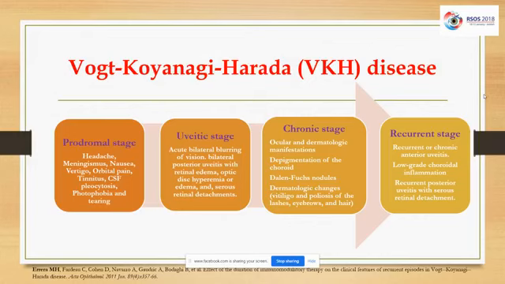The chronic stage has ocular and dermatologic manifestations, depigmentation of the choroid, Dalen-Fuchs nodules, dermatologic changes, vitiligo, and poliosis of the lashes, eyebrows, and hair. The recurrent stage has recurrence of chronic anterior uveitis, low-grade choroidal inflammation, and recurrent posterior uveitis with serous retinal detachment.